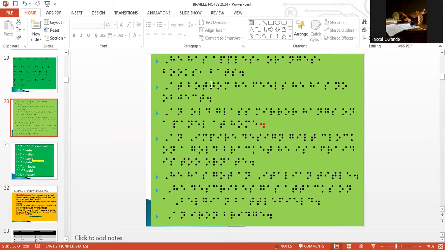Whenever you see two dot 6s following each other, then it means the whole word is capitalized.